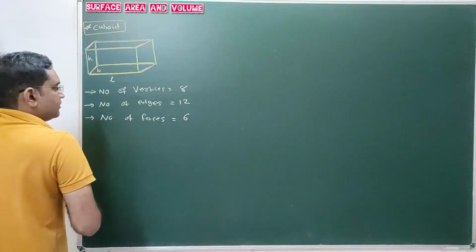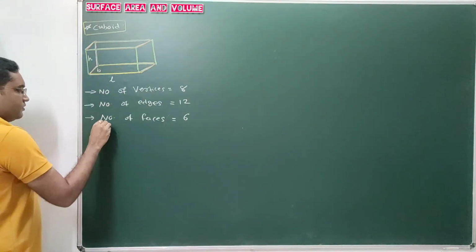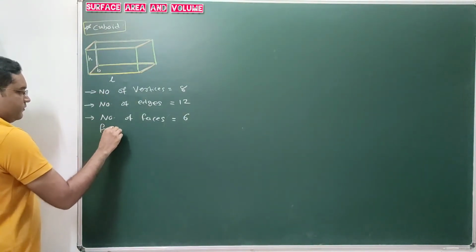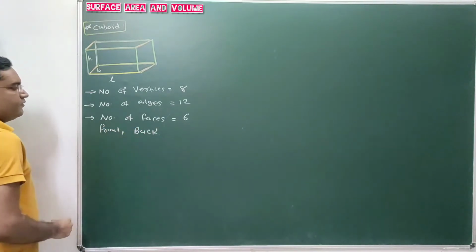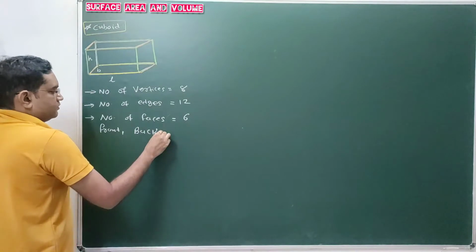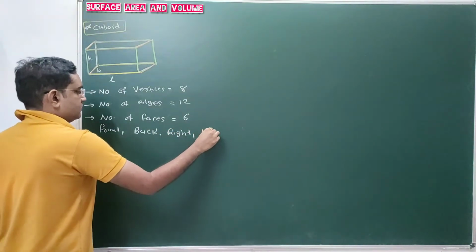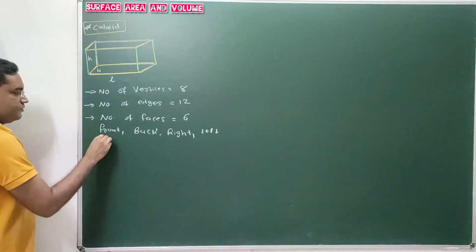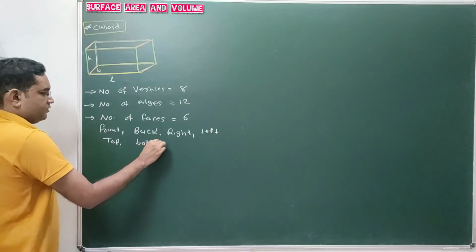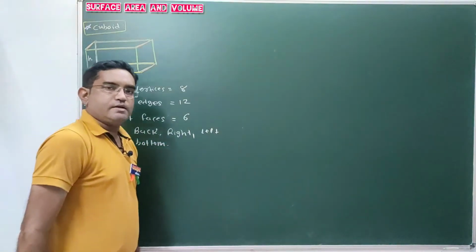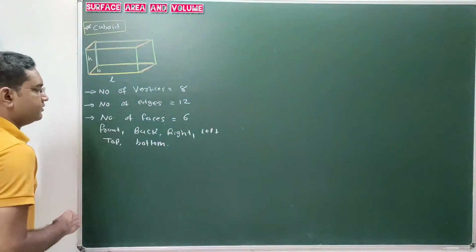Their names are front face, back face, right face, left face, top face and bottom face. Total 6 faces are there in the case of a cuboid.